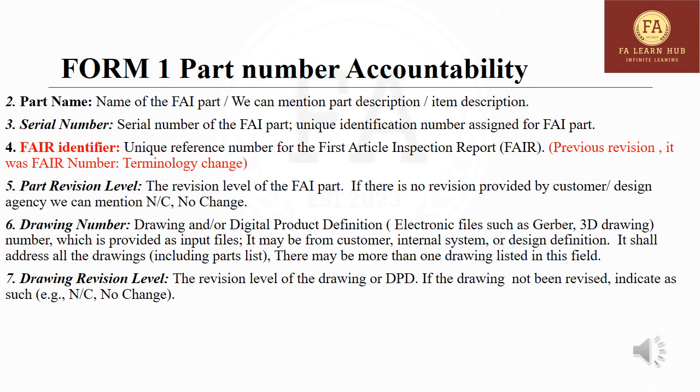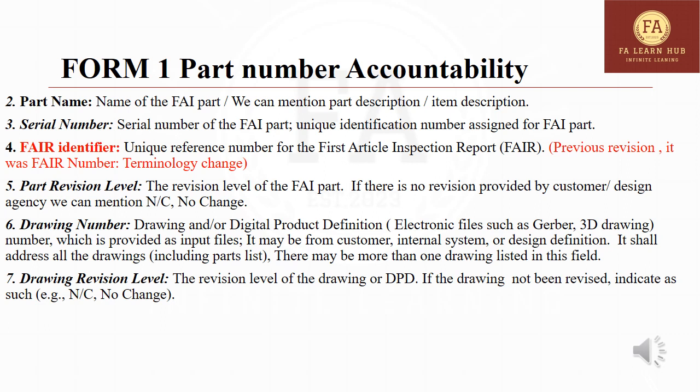The next field is the drawing revision level, the revision level of the drawing or DPD. If the drawing is not revised, indicate something such as no change. If we see the drawing, there shall be one column called revision. We can check the revision level in the drawing. If it is a Gerber or any kind of DPD, there shall be some revision or version control.